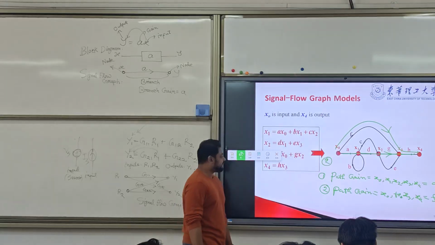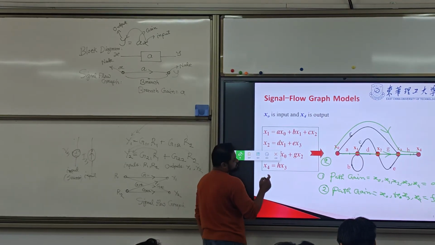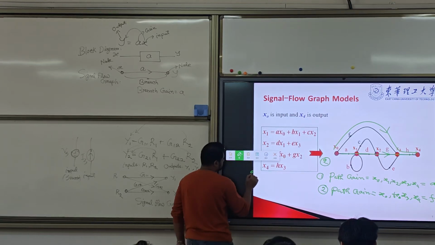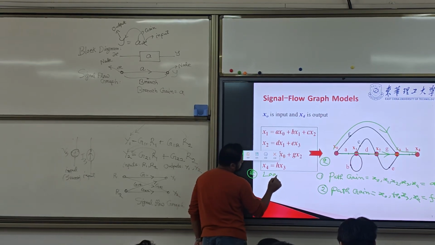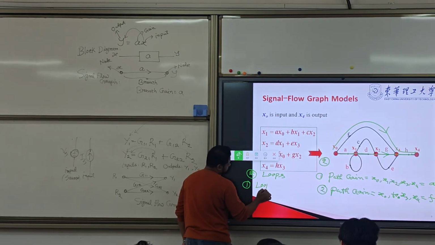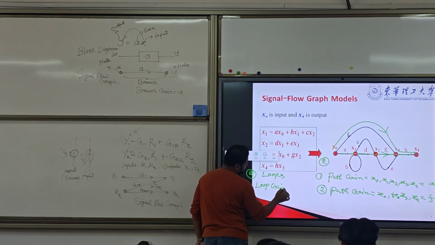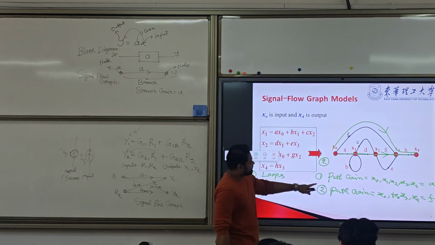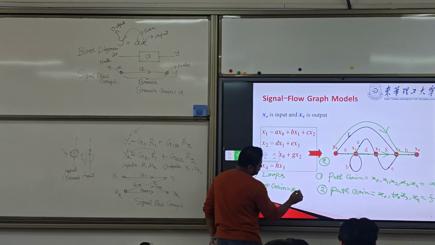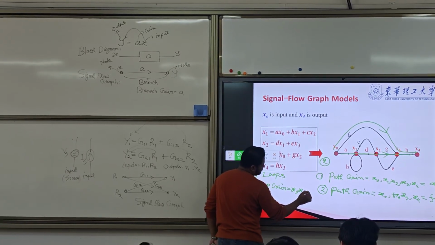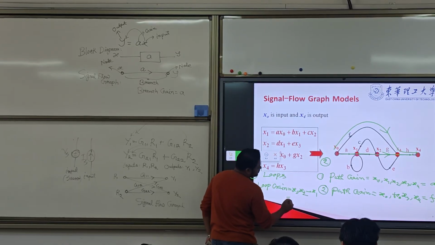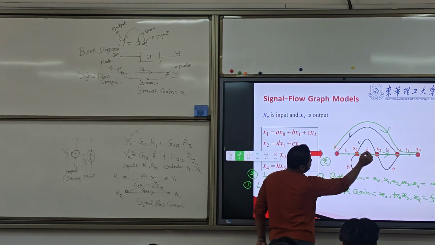Second, the loop gain. How many loops? 1, 2. 2 loops. So, first loop gain. What is that? x1 to x2, back to x1. So this one, what is that?